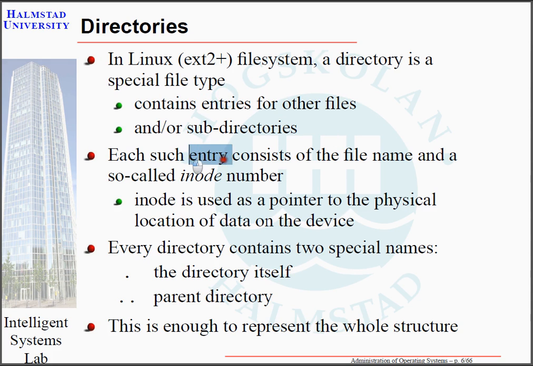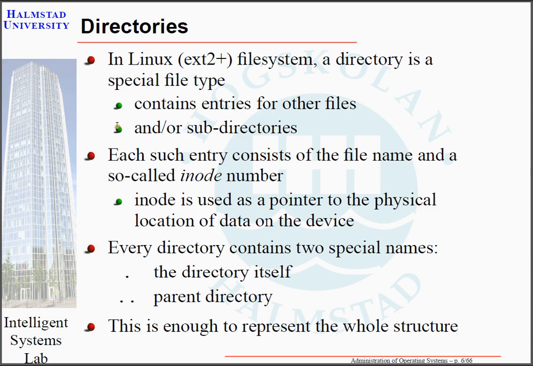Each such entry consists of the file name and a number called the inode. An inode is used as a pointer to the physical location of data on the device. We will not go into too much detail about how it's actually organized in this lecture. Hopefully we'll have time to look at it a bit more deeply in the future. But for now, this is enough information for you.